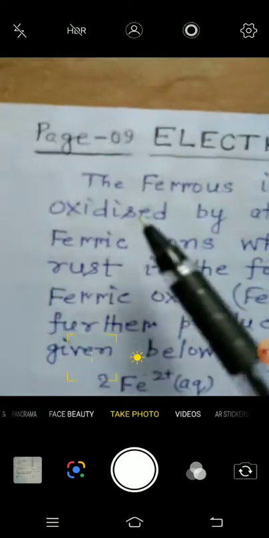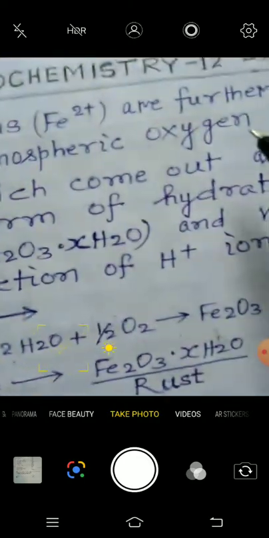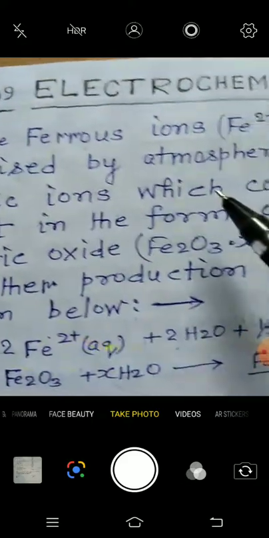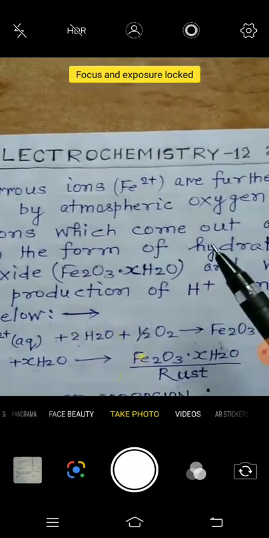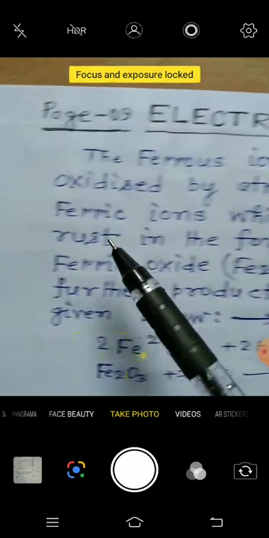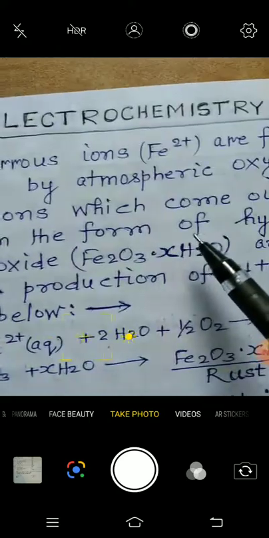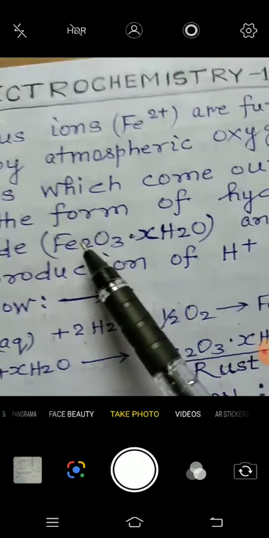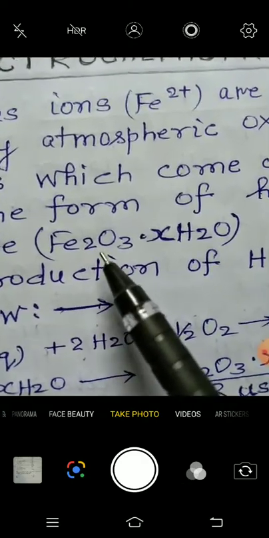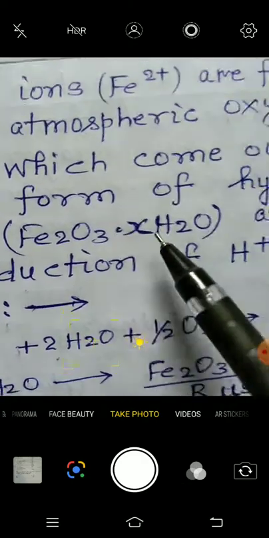Now, the ferrous ions are further oxidized by atmospheric oxygen to ferric ions, which come out as rust in the form of hydrated ferric oxide. The formula of hydrated ferric oxide is Fe2O3.xH2O.